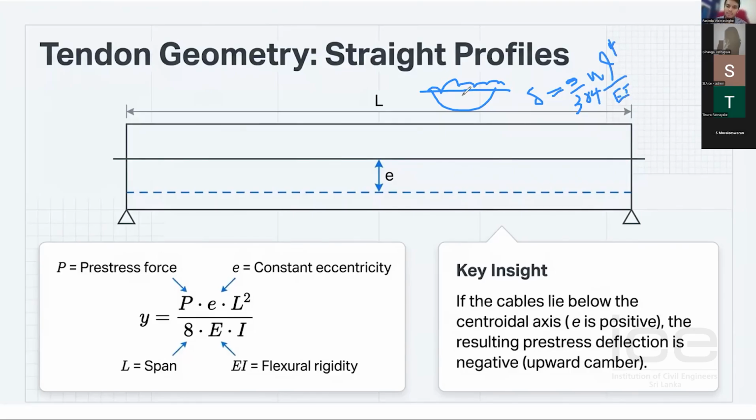So you can find the downward deflection due to the applied load, find the upward camber due to the initial pre-stress, and when you add these positive and negative values, you will get the resultant deflection. Either it can be upward or downwards at the initial stage.